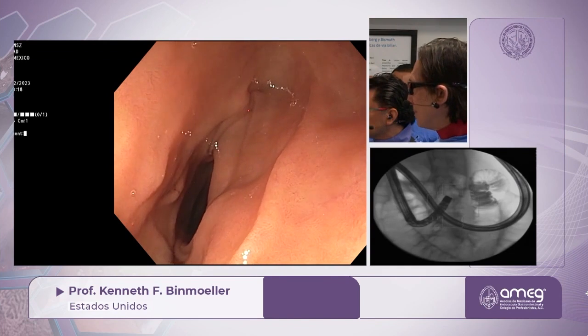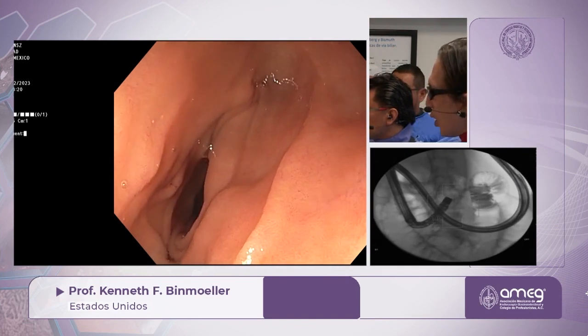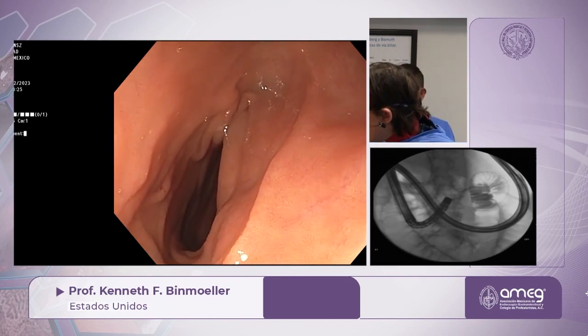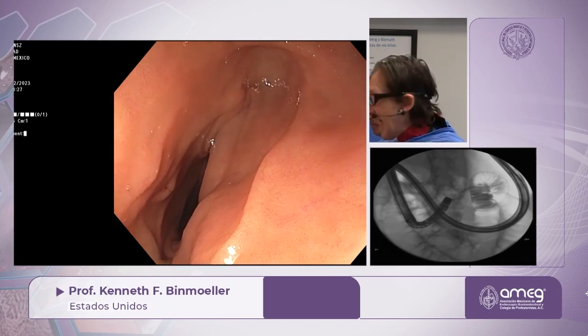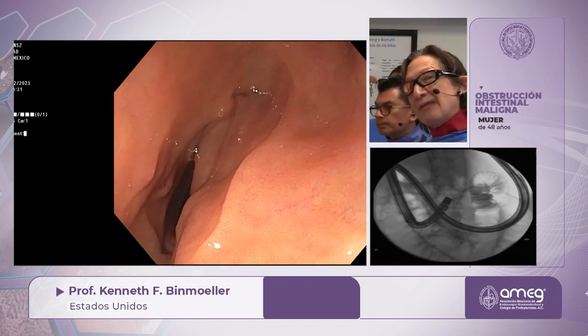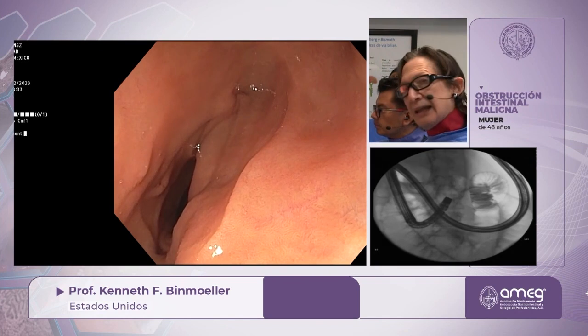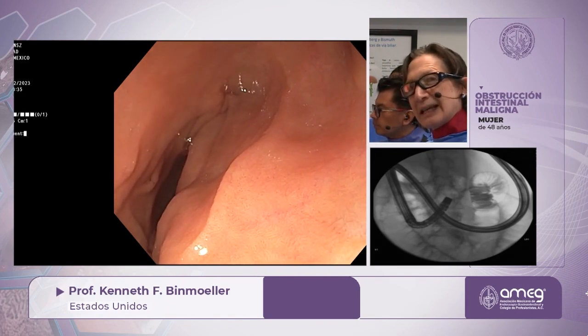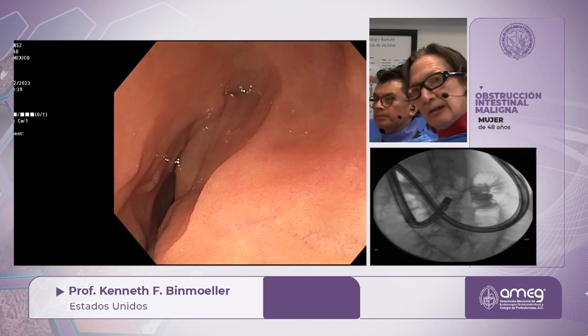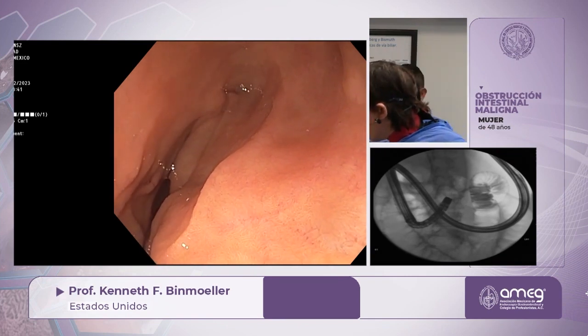Do you see fluoro? So you see my scope, and I've gone into the D3, and I'm looking at the ligament of Treitz or down towards D4. And now Miguel is going to advance the guide wire so that I can pass the ligament of Treitz. You can see the ligament of Treitz very nicely.